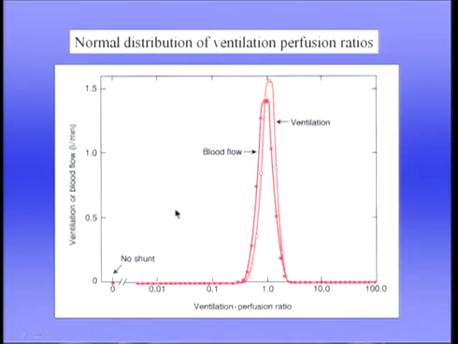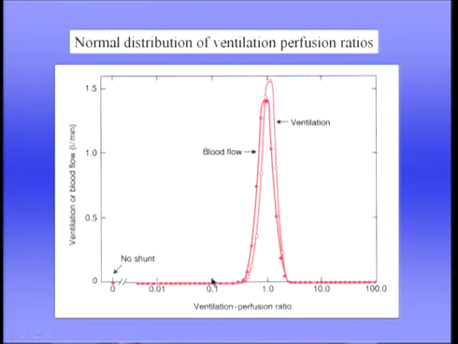And here we see what happens in the normal lung. First of all, we've got ventilation or blood flow on this axis. The ventilation is the open circles here, and the blood flow, the closed circles here. And on the horizontal axis, we've got ventilation-perfusion ratio on a log scale. So the normal value is about 1 here, and of course on a log scale, things change pretty fast.